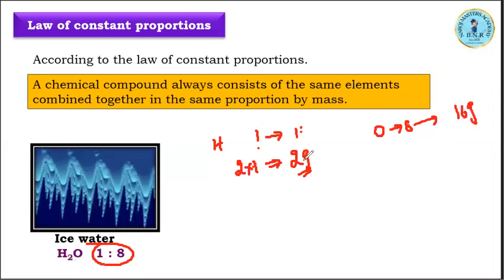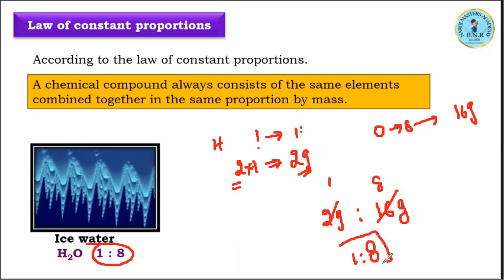How many oxygens are there? Only 1. So 2 grams of hydrogen requires 16 grams of oxygen. So what is the ratio of hydrogen to oxygen in water? 1:8. Very, very important.